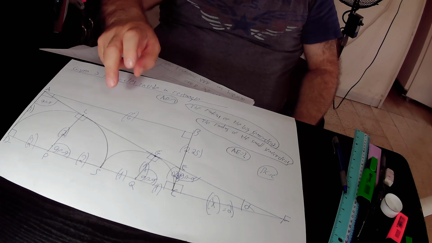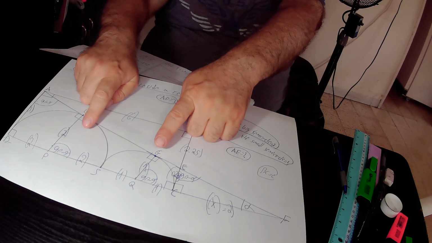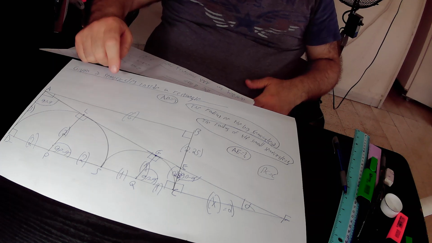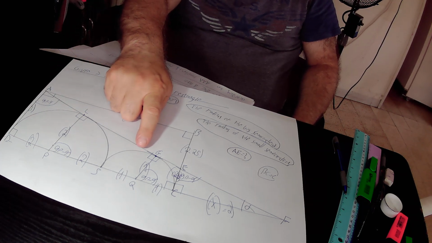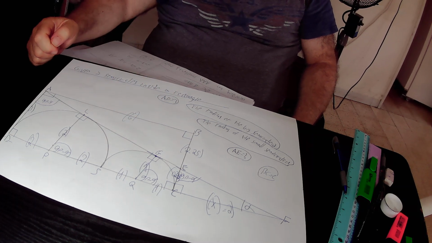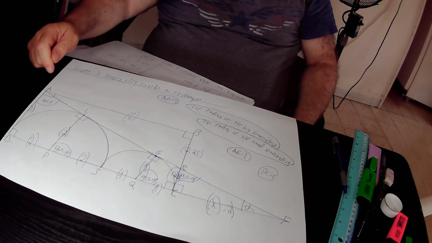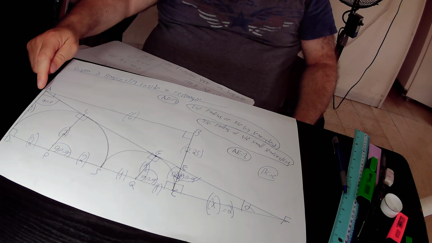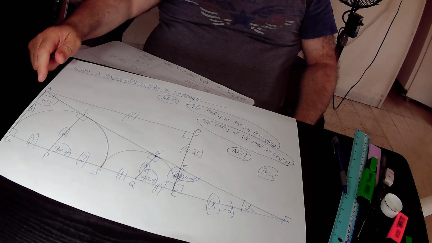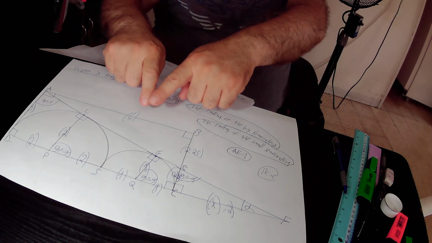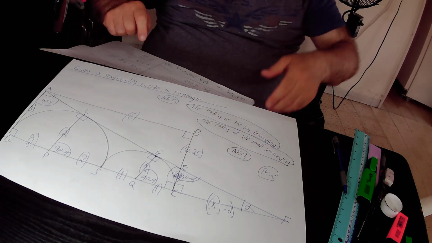Inside this rectangle ABCD, we have those two semicircles. The radius of this big semicircle is 2 units. The radius of this small semicircle is 1 unit. In addition, side AD of this rectangle ABCD is equal to 3 units in length. Again, our mission is to find the length of this line segment AE.